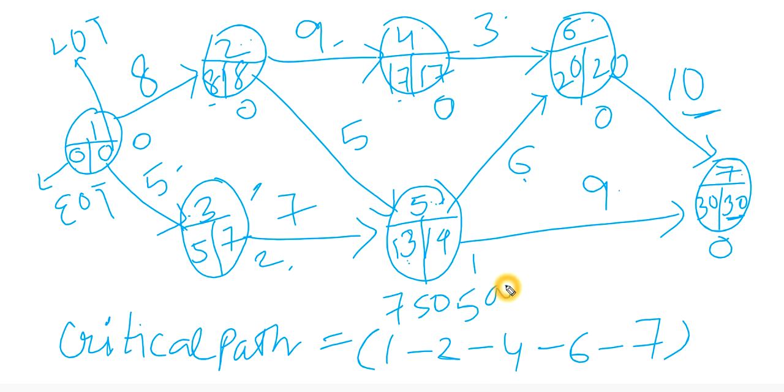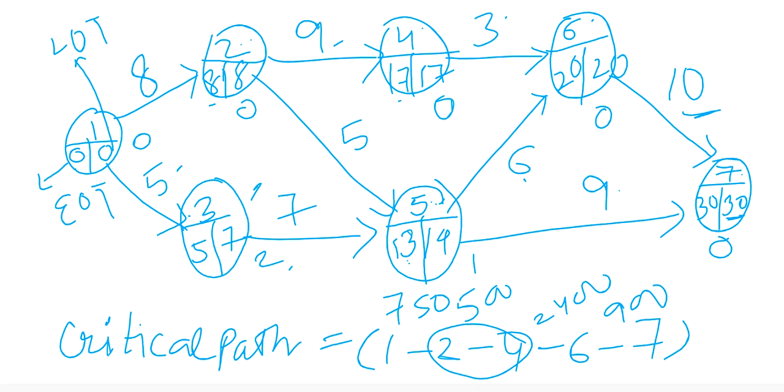Then 4 to 6 it is 2400, and 6 to 7 it is 900. So these are the cost per week of critical path. As you can see, if I crash the activity 2 to 4, the cost per week is minimum in this case. So next I'm going to crash this activity 2 to 4.